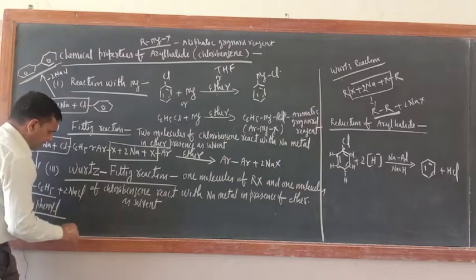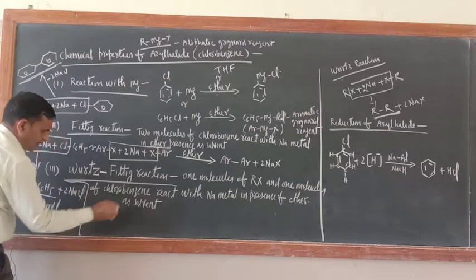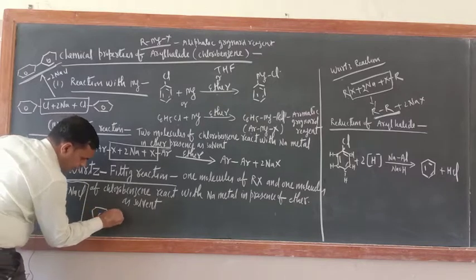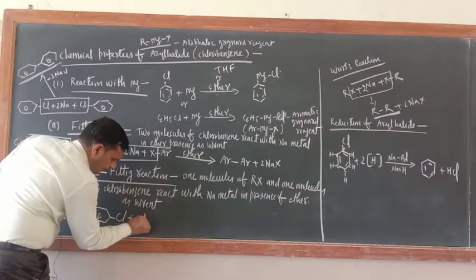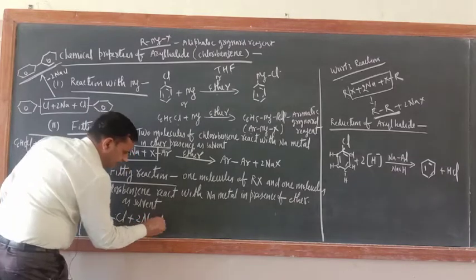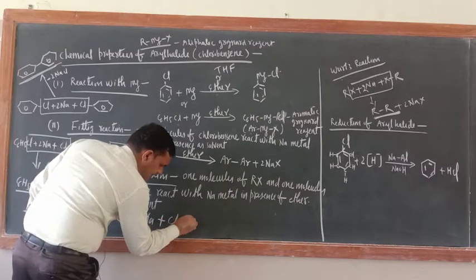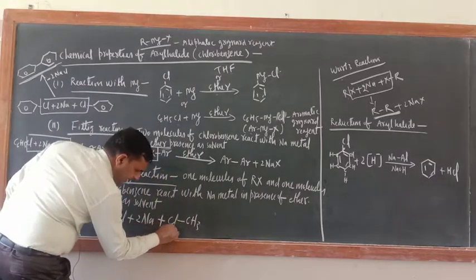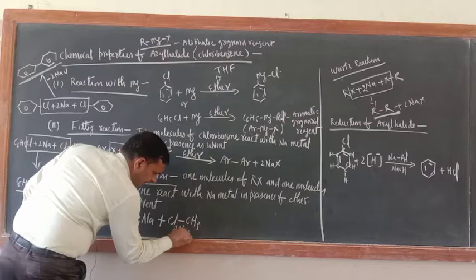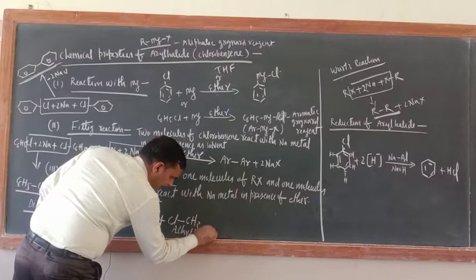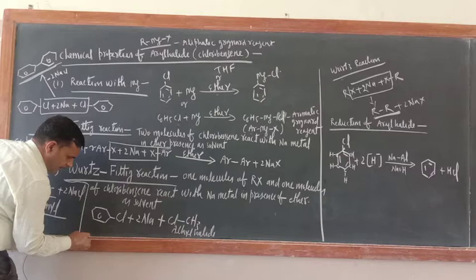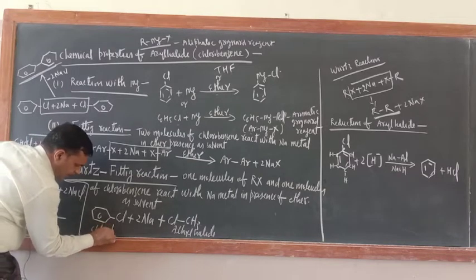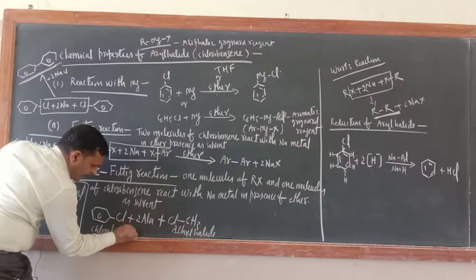So just see, take here this. What is this one? This is chlorobenzene plus sodium metal, plus take here Cl-CH3. This is methyl chloride, or this is alkyl halide. This is chlorobenzene, or aryl halide, okay.